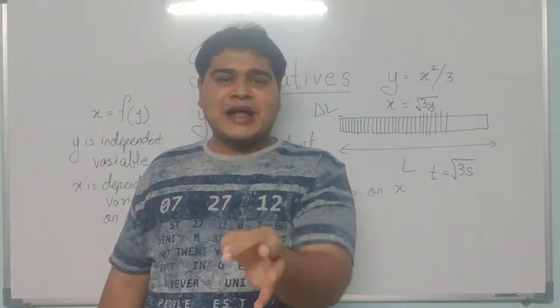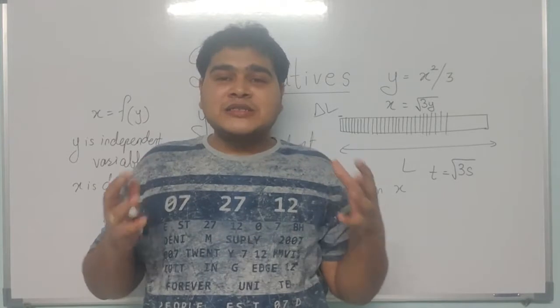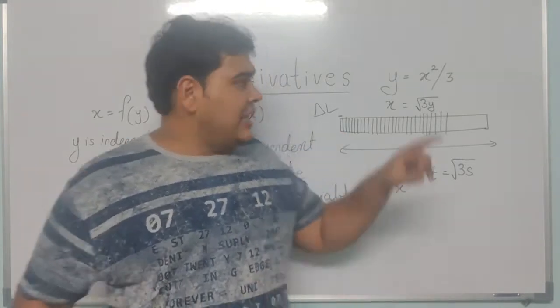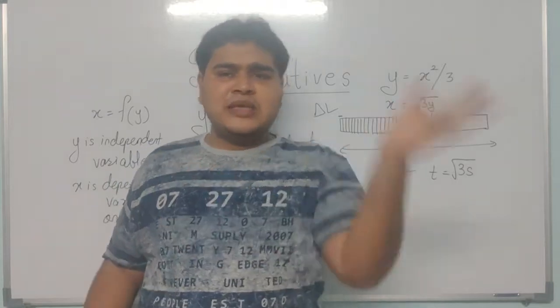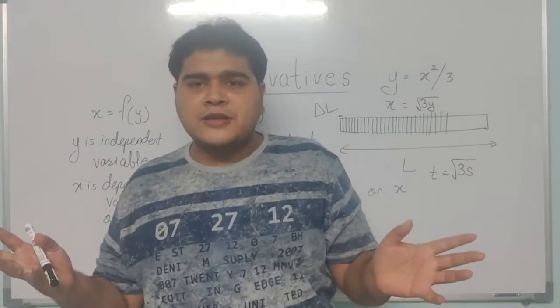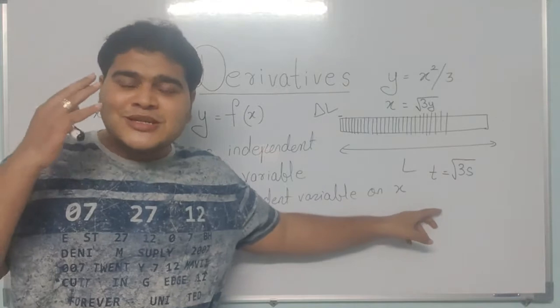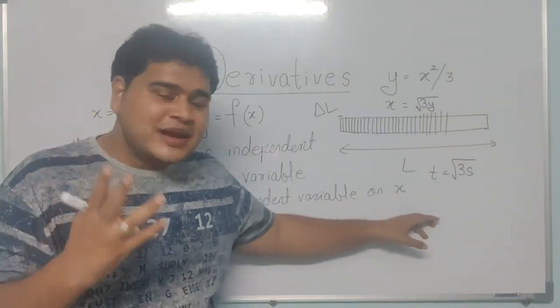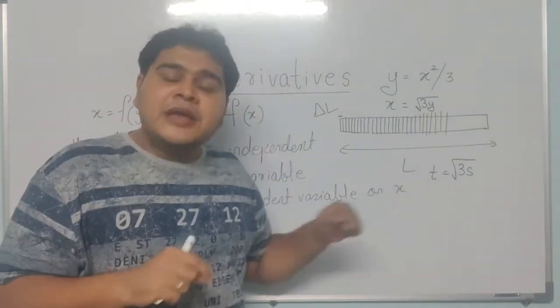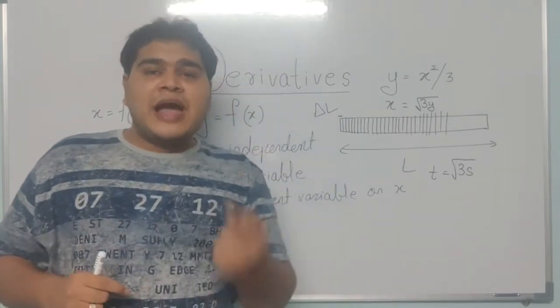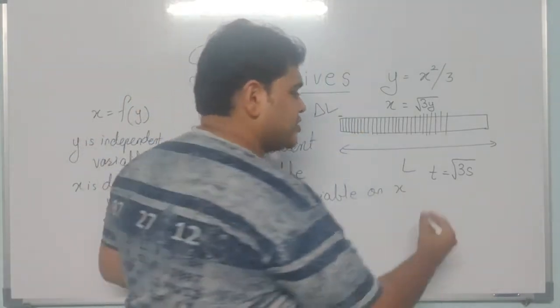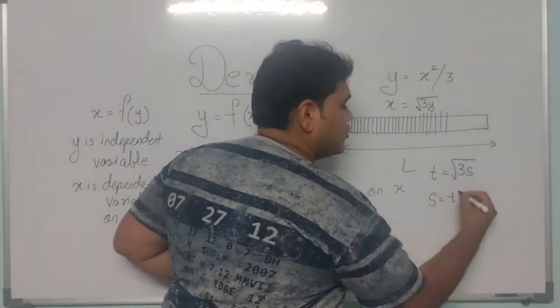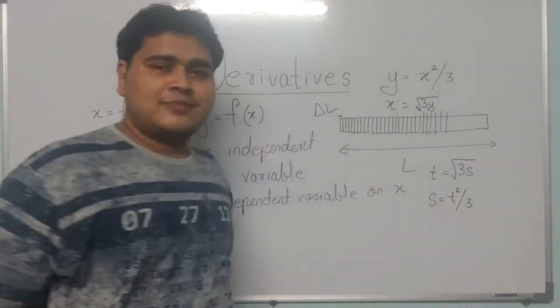So in physics, in practical life, you have certain limitations. In mathematics, they are just pure variables. You can take anything as dependent, anything as independent. But here you have certain logic to be applied. So here I have to say the time is the independent variable and the displacement is the dependent variable, and so my expression has to be s is equal to t square by 3.